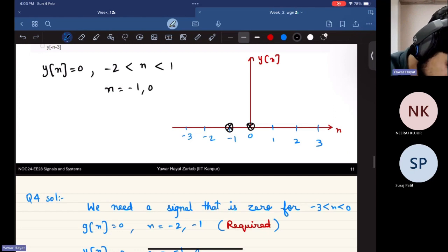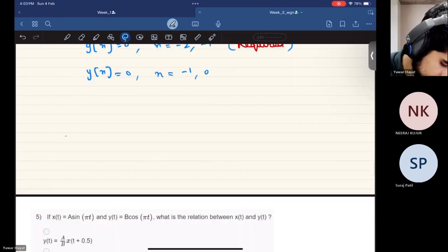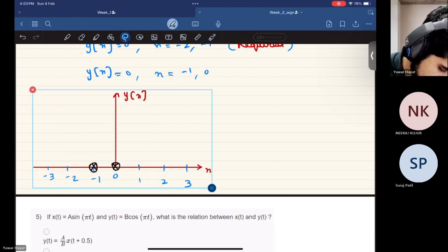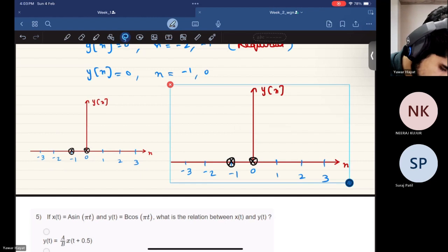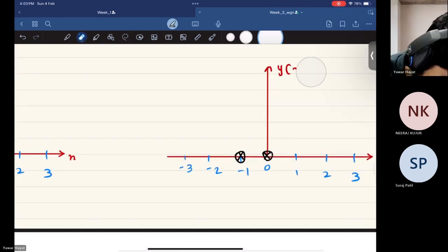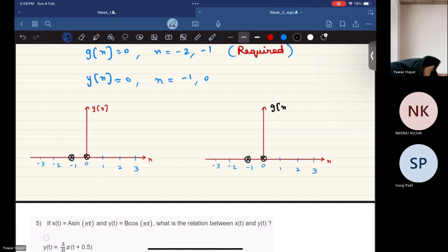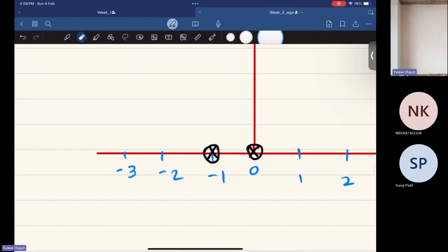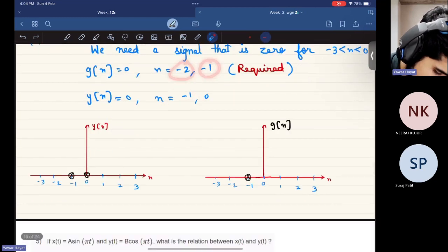Suppose I now have -2, -1. So g of n is 0 for -2, -1, okay?